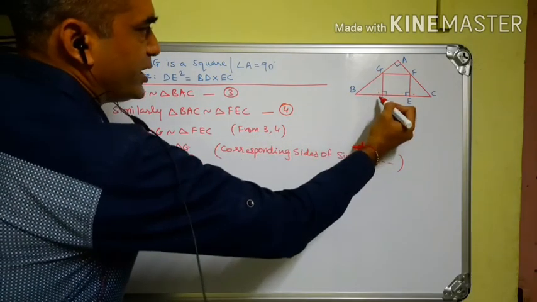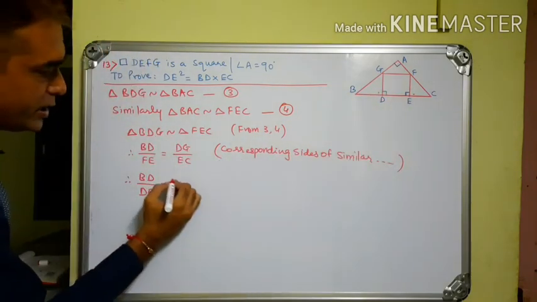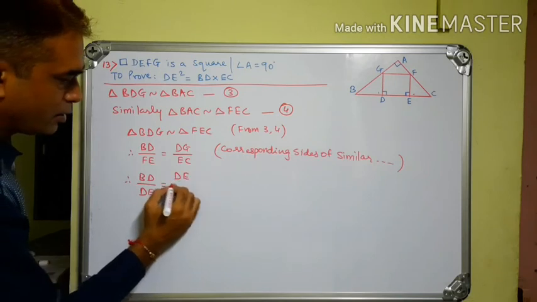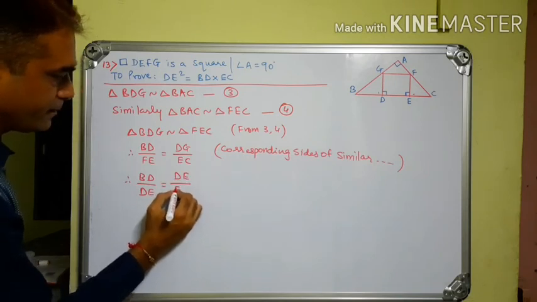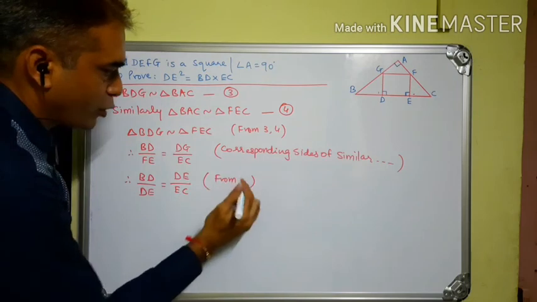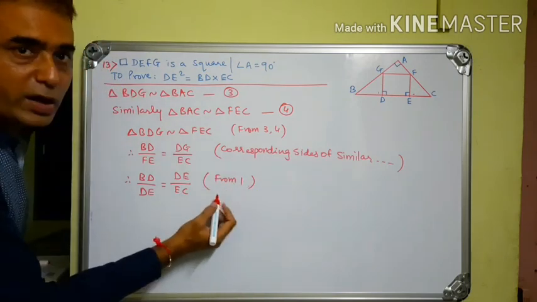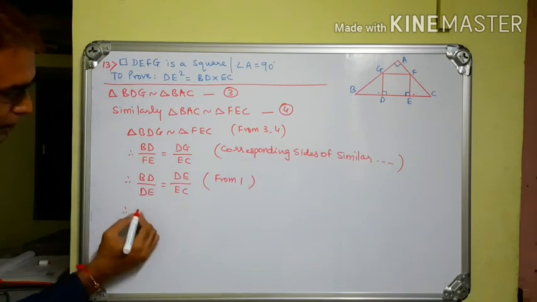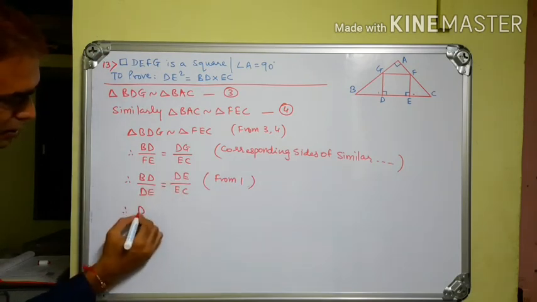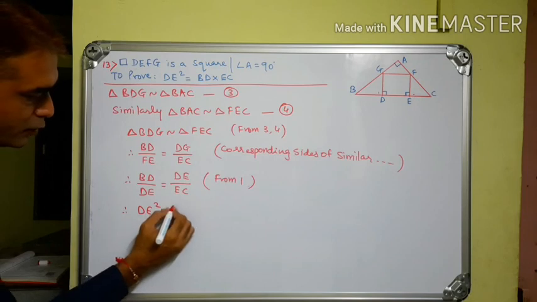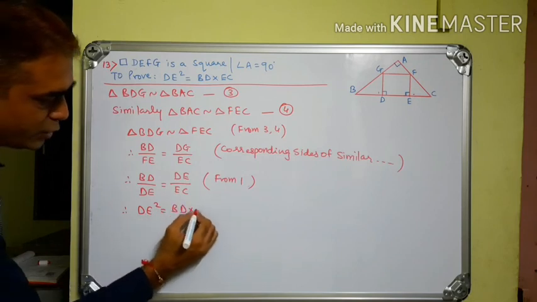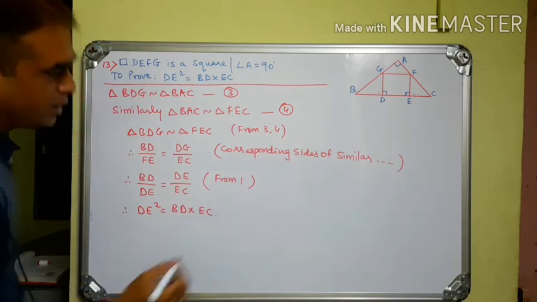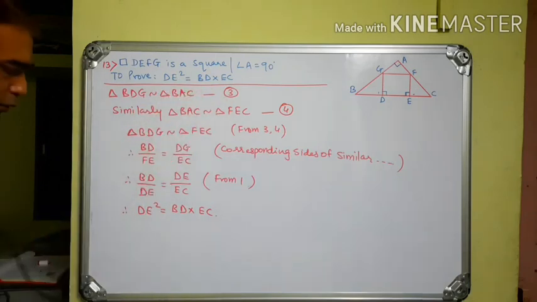So instead of DG also we can write DE upon EC, because from point 1 where we have written all sides are equal, therefore we can write DE square equals BD into EC. In this way we have proved this statement.